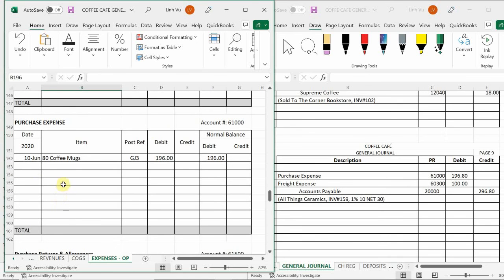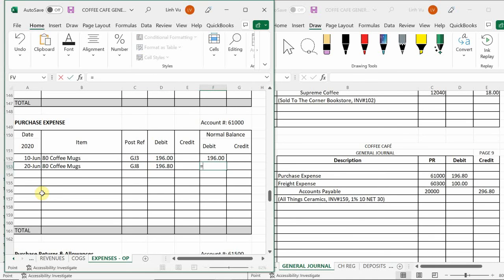Okay, here's the purchase expense. 80 coffee mugs. 196.80.